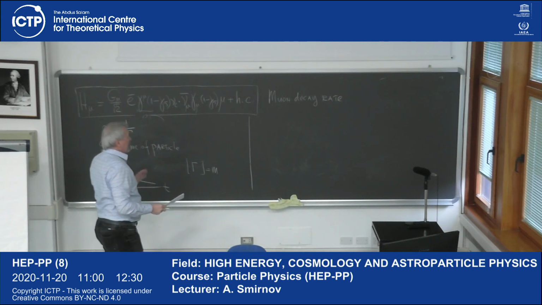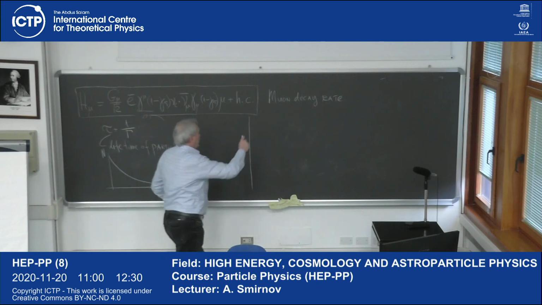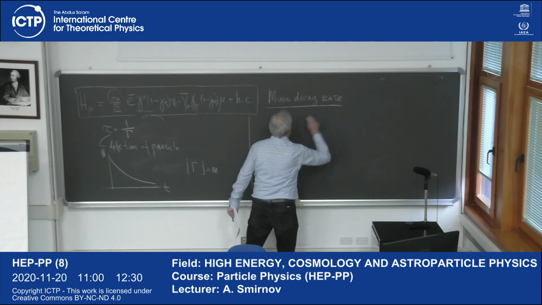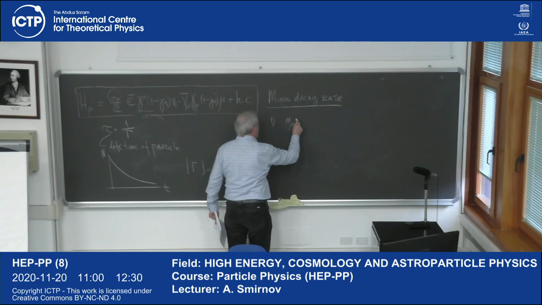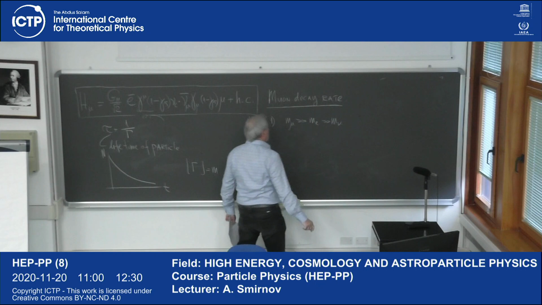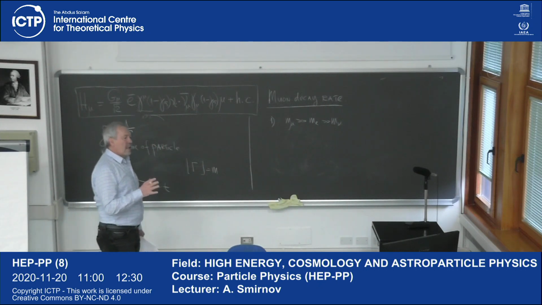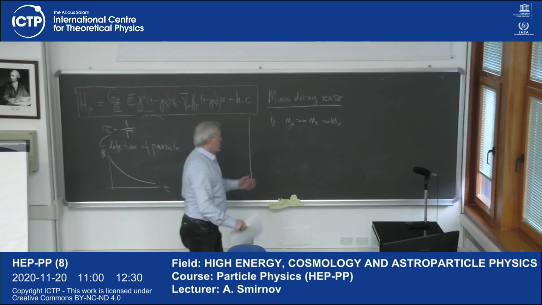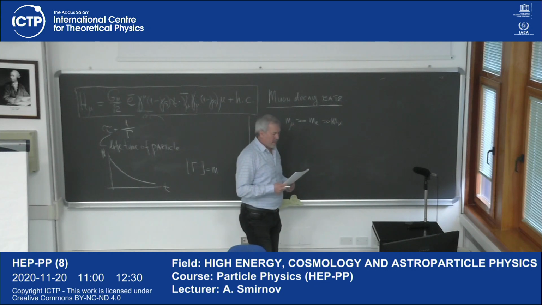Again, I will use dimensional arguments to find this decay rate. The important physical conditions are the following. First, the mass of the muon is much bigger than the mass of the electron, which is much bigger than the mass of the neutrino. Remember, the mass of the muon is around 100 MeV, the mass of the electron is 0.5 MeV, and neutrinos are much, much lighter.